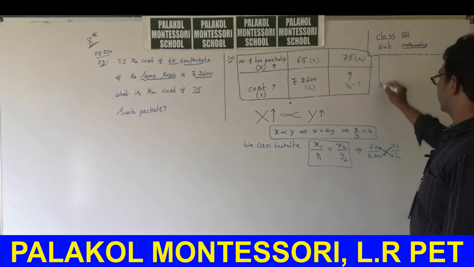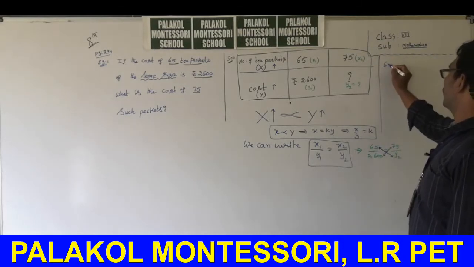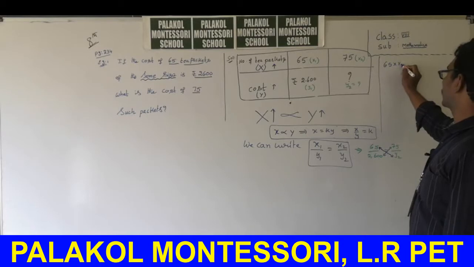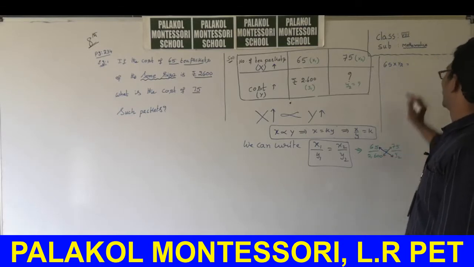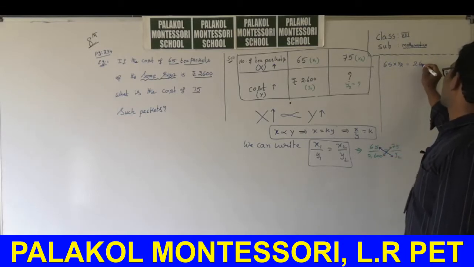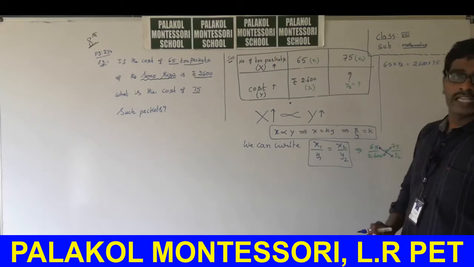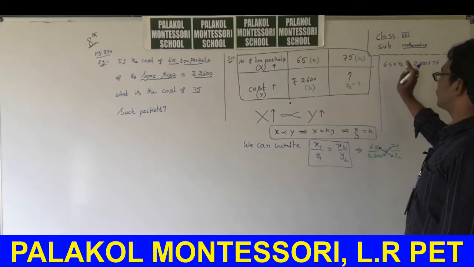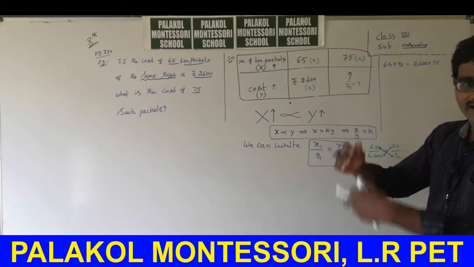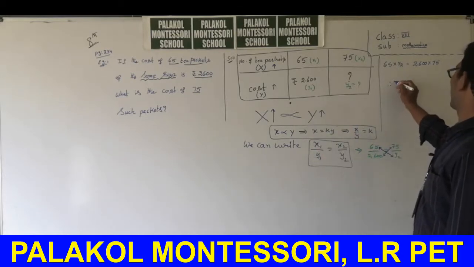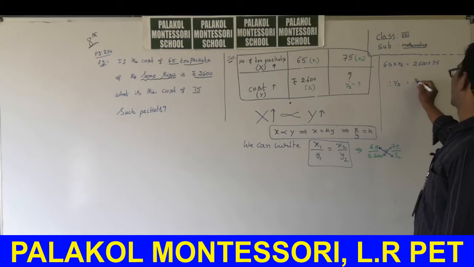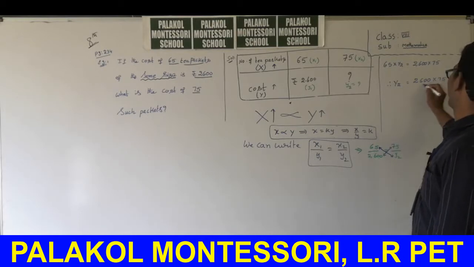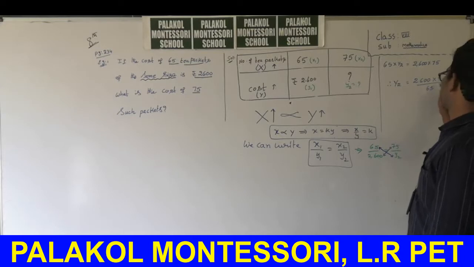So 65 into y2 equal to 2600 into 75. Here 65 is multiplied with y2, send that to the other side. Therefore, y2 equal to 2600 into 75 by 65.